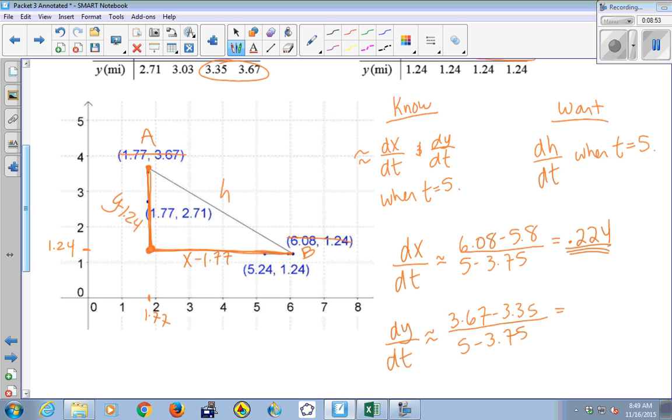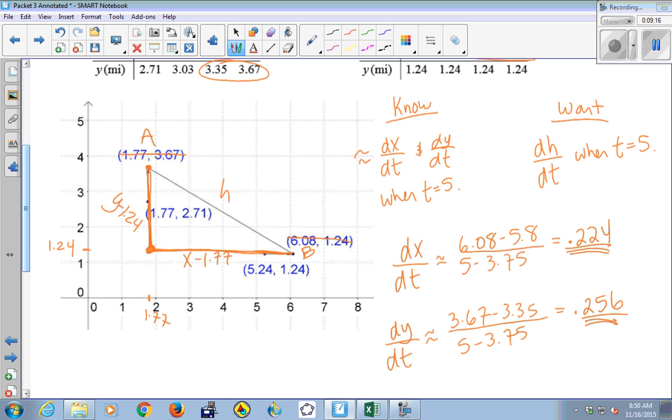And that comes out to 0.256. So everybody kind of remembers estimating derivatives. We haven't done it in a long time. It's just the slope of a secant line instead of the slope of a tangent line.